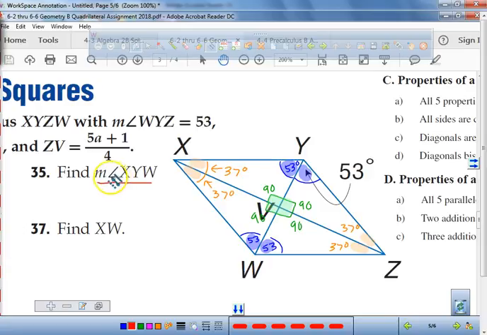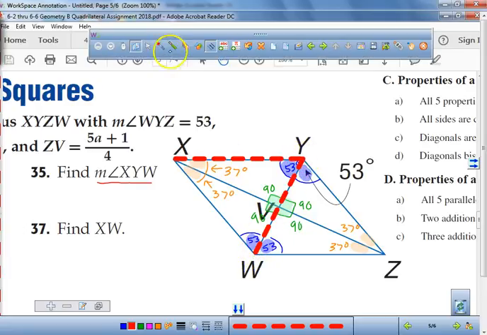Okay? It says find the measure of angle XYW. So where do I start? X. Tell me where to go next. Y. W. So where did I start? X. Where did I go? Y. Then I went to W. Okay.